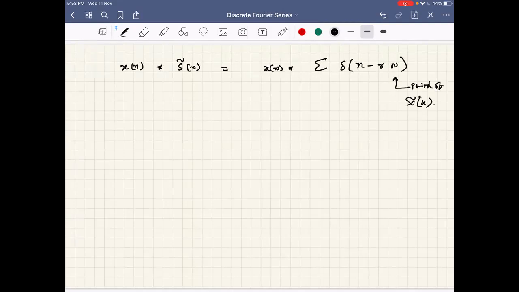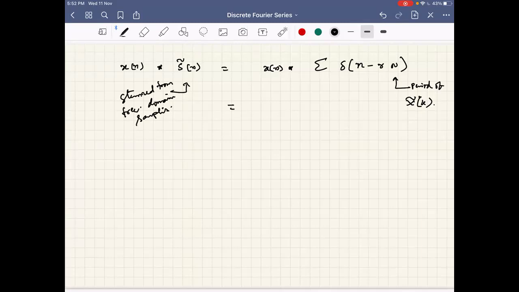From the frequency domain sampling. This has stemmed from frequency domain sampling. Now let us see how this simplifies.